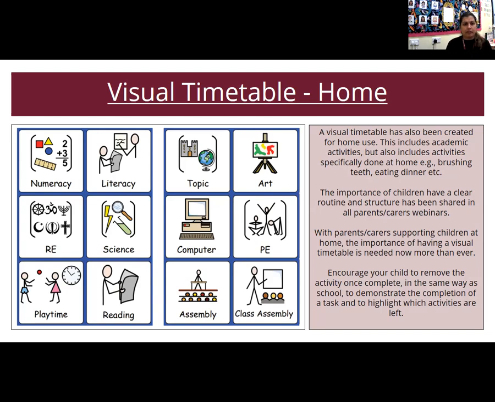So you will have a copy of this, and it has all different activities. I've tried to include everything that might happen at home, so you can do this with your child at the beginning of the day. What we tend to do at school is we have one at the front of the classroom. Some children have their own individual visual timetables on their desks as well, because that supports them.